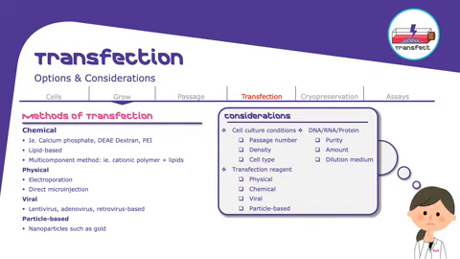Think also about the purity of the construct, which can really affect the quality and efficiency of transfection, as well as the amount and the dilution media. If you're working with CRISPR modification, it absolutely requires transfection, and it is very critical what type of method you will be using for transfecting the CRISPR into the cells.